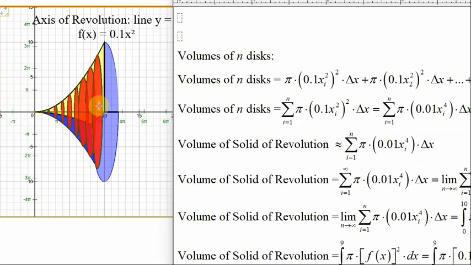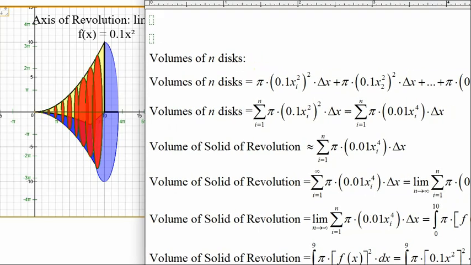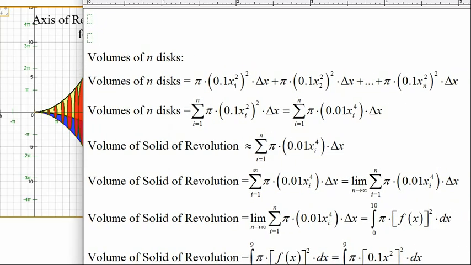Now if we divide the solid of revolution into n disks, or n slices, then the volumes of n slices would look like this. This is the volume of slice number 1, volume of slice number 2, and then volume of the nth slice.